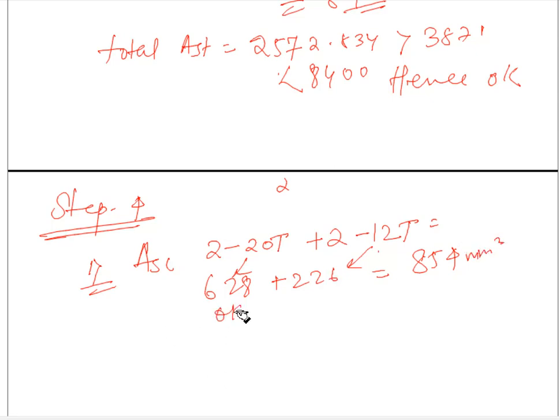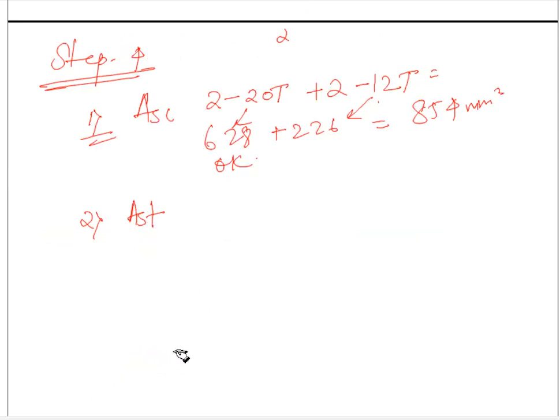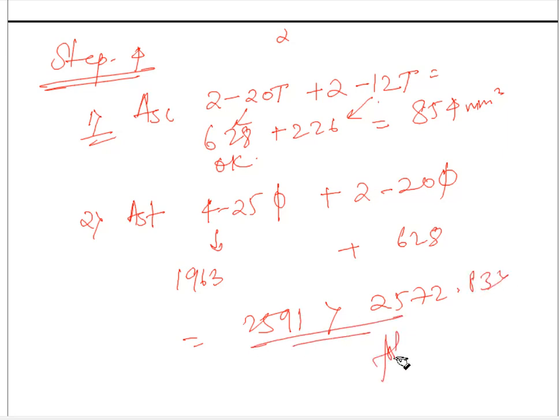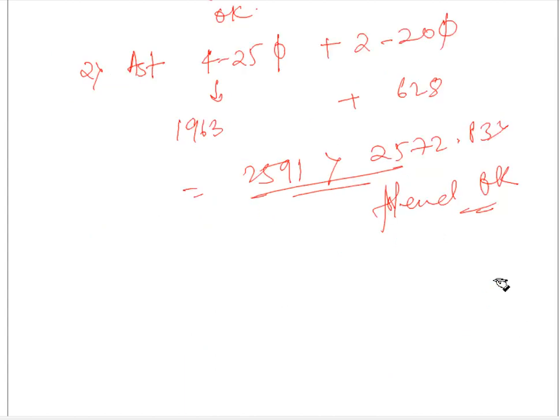Okay. For AST, we take 4 numbers of 25 diameter plus 2 numbers of 20 diameter. The areas are 1963 and 628, equal to 2591, which is greater than 2572.834. Hence, okay.